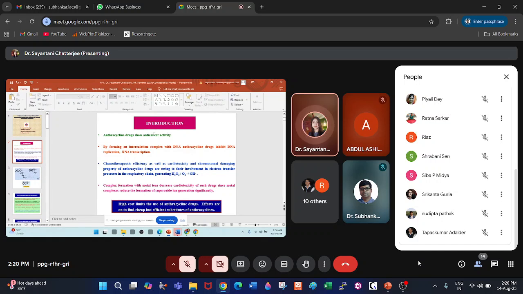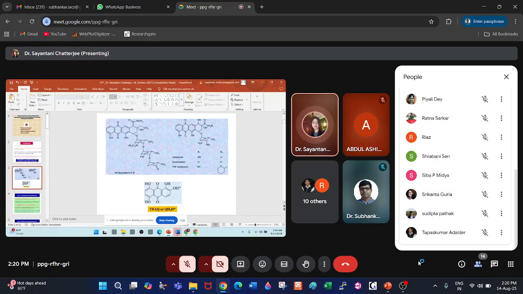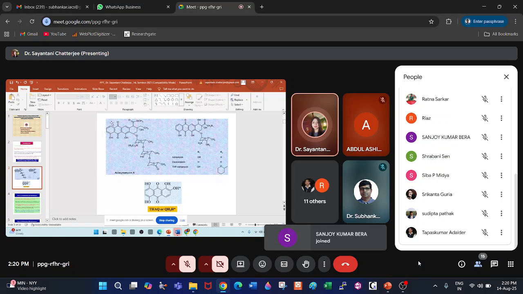Hence, efforts have been made to find mimic molecules. In this regard, we have chosen for our study hydroxy-9,10-anthraquinone. This is the structure, and we can see that this is the core moiety, which can mimic the core moiety of anthracycline drugs.